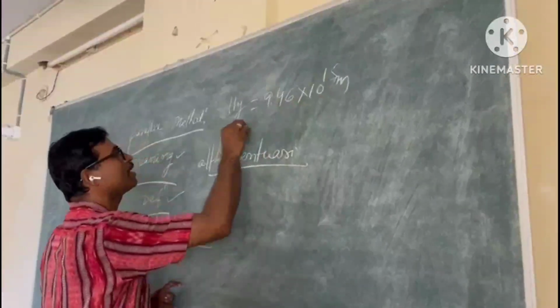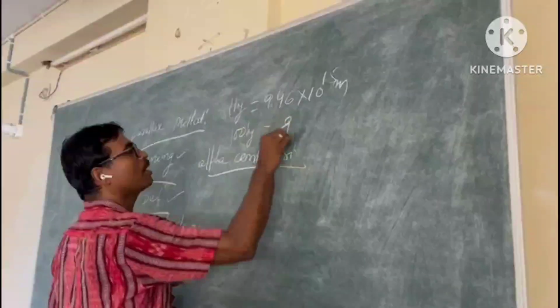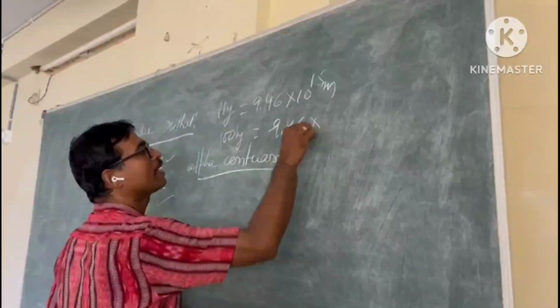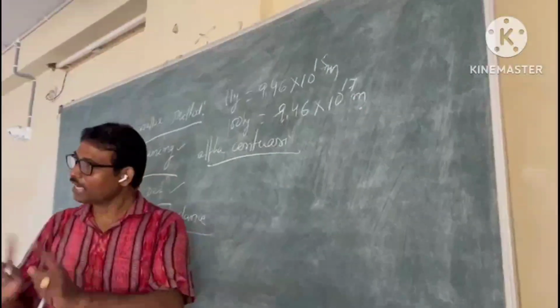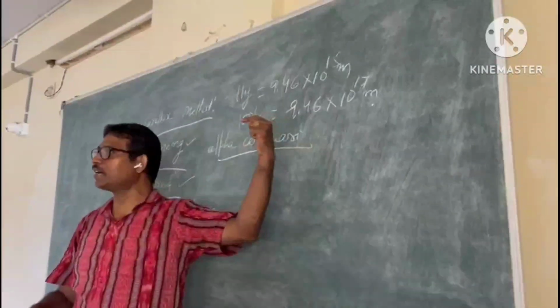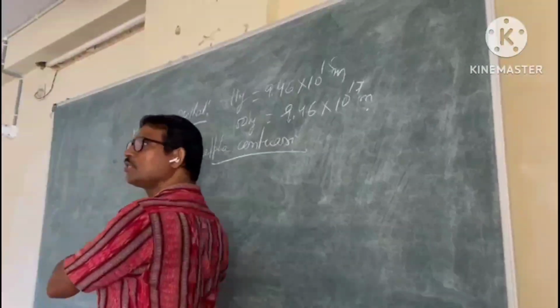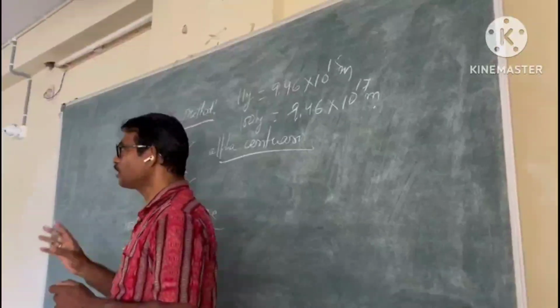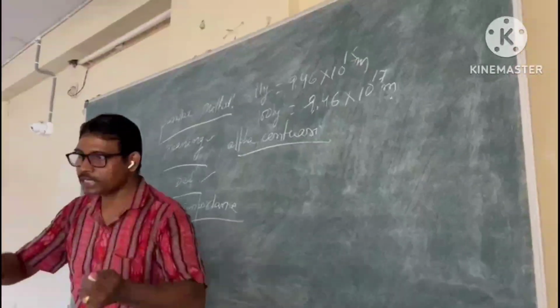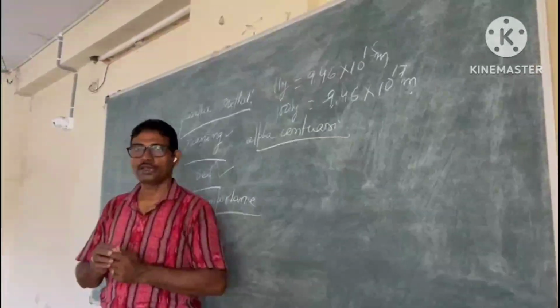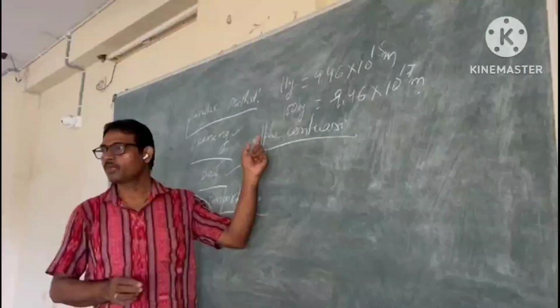So 100 light years is 9.46 into 10 to the 17 meter. If that distance is less than 100 light years, that method you will use. Now, you understood? If the distance is more than 100 light years, you cannot use this method. If the distance is less, then we will measure it.